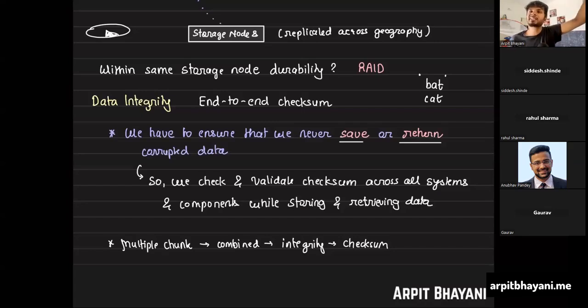Even in the HTTP request, checksum is set everywhere, because data correctness is very important. What you stored, or what you think you stored, is what you should definitely get when it is returned to you. You have to ensure it, especially for a use case like S3, because it's a source of truth for a lot of things. You cannot just corrupt the data, right? So data integrity is really important.